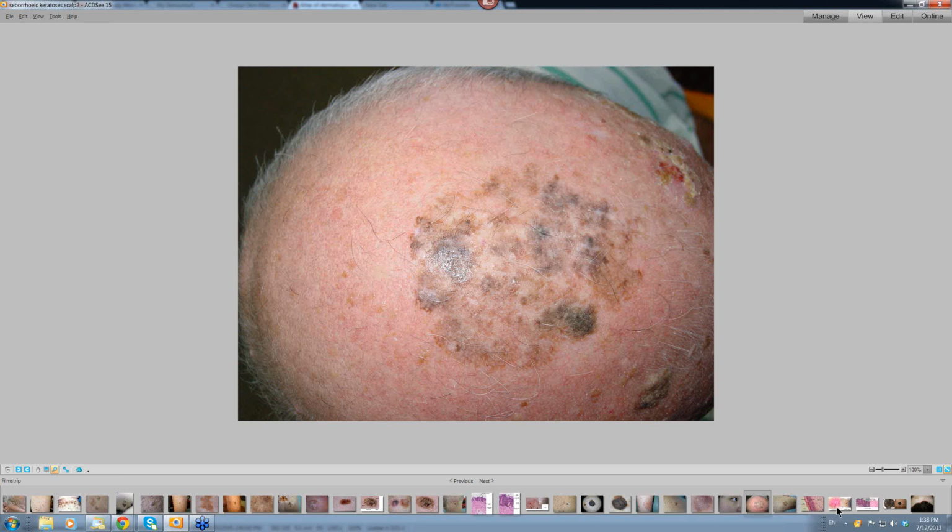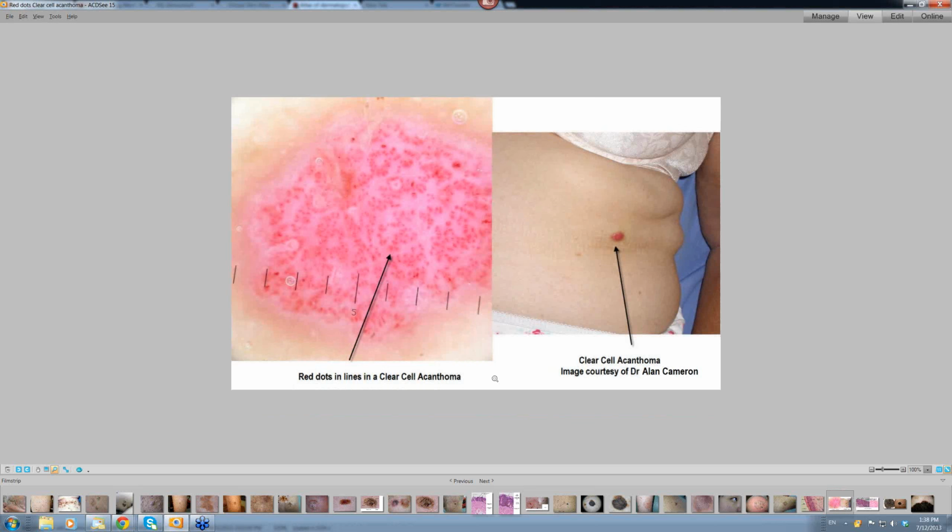Now, there are a couple of other things that are really variants of seborrhoeic keratoses that I want to show you as well. And one is the clear cell acanthoma. So let's have a little look at it. Clinically, this is a clear cell acanthoma.